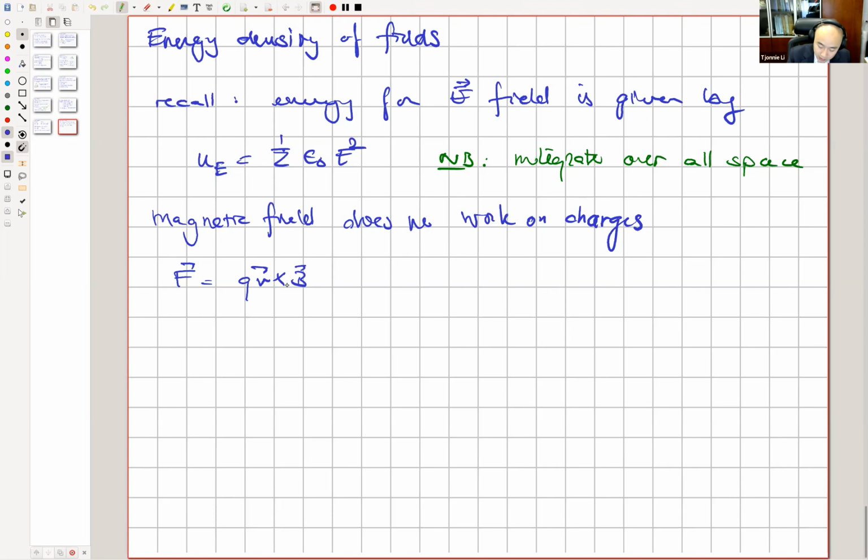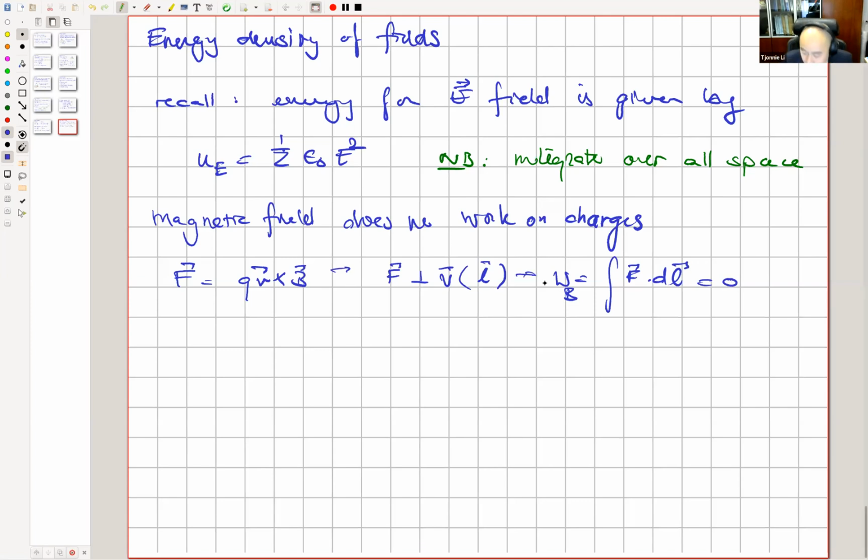So in this case, the force is perpendicular to V, or if you will, to dl. And so work, which is simply F dot dl, for the magnetic field is always 0.